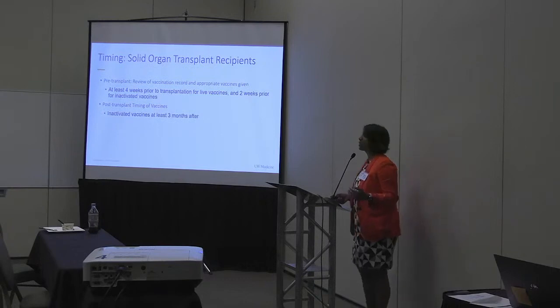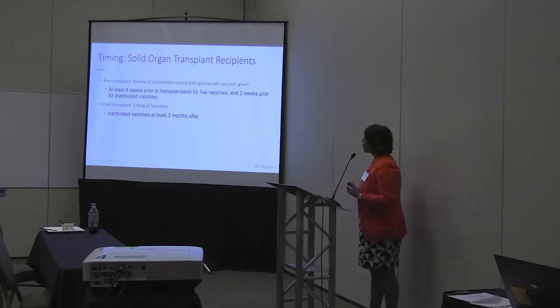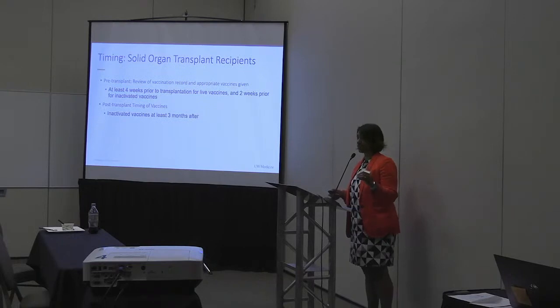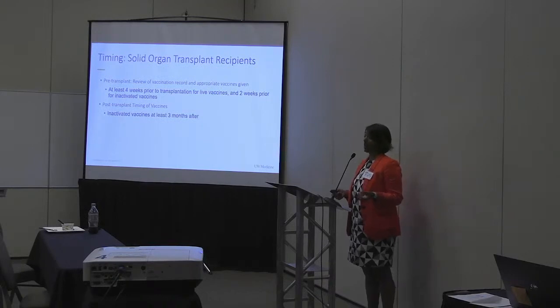And then at least 2 weeks prior for inactivated vaccines to allow them to create that immune response, so going into transplant, they'll be protected. Post-transplant, they like to wait at least 3 months, because there's a heavy amount of iatrogenic immunosuppression right after the transplant. So if we give it, we probably are not going to get a robust response.